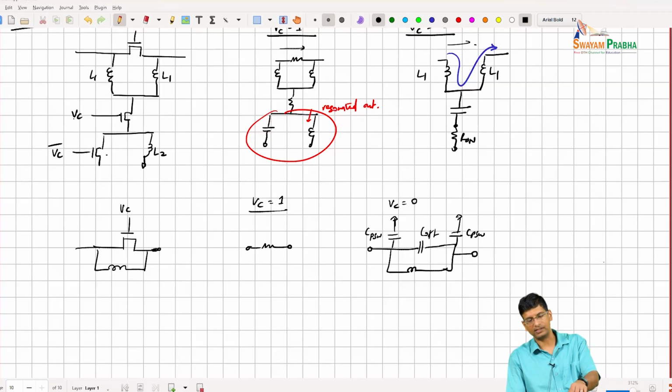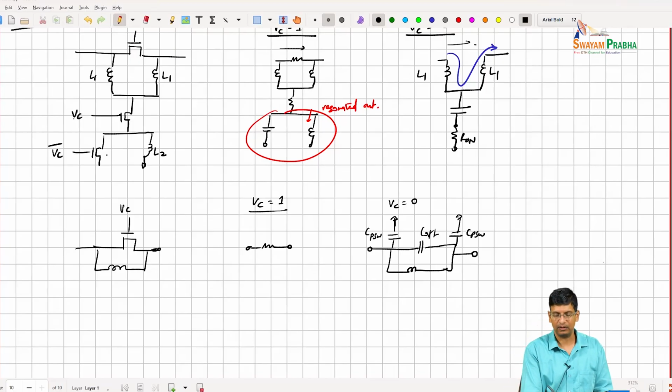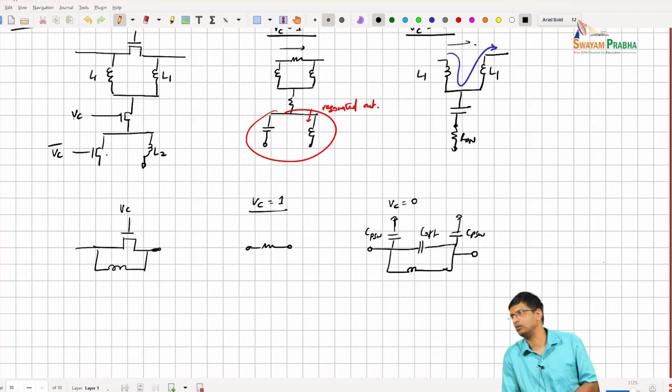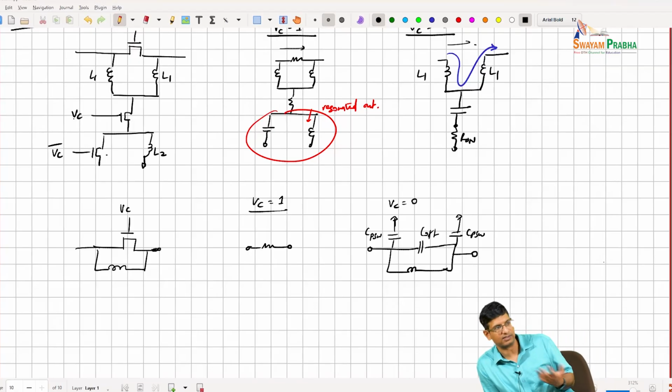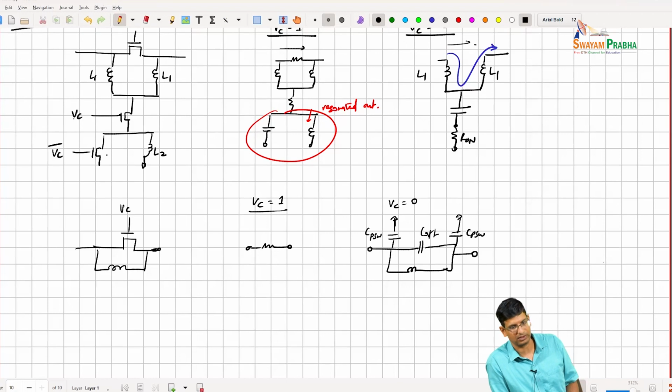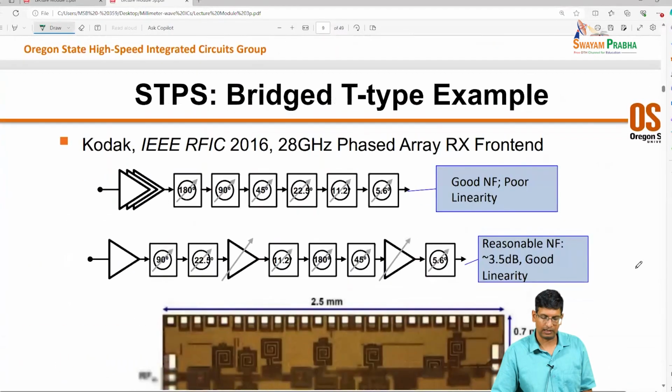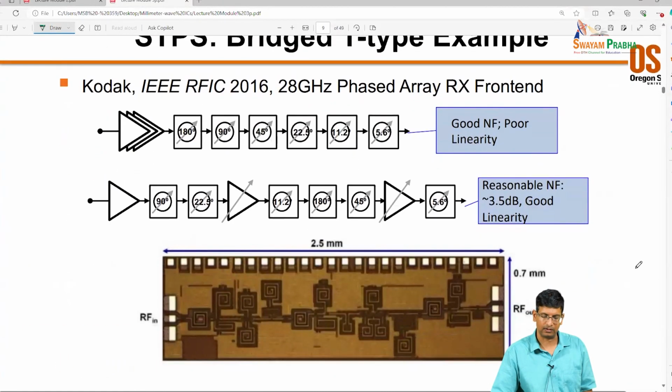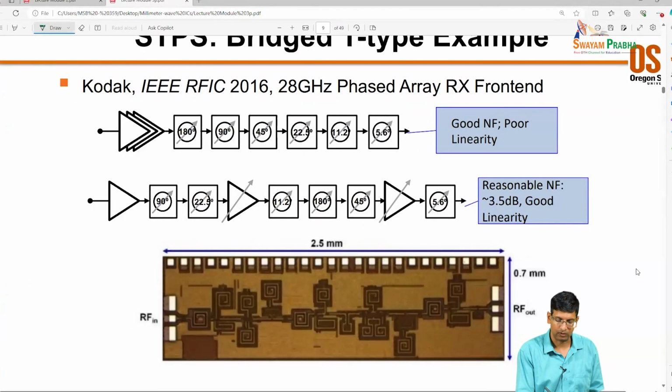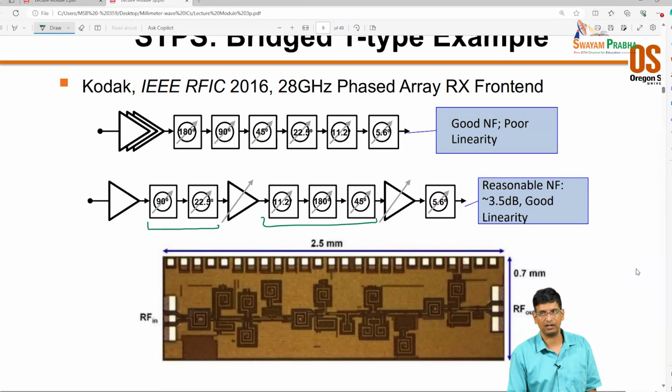So the components that you would need to build the whole pi section turn out to be so small that you can't accommodate a switch inside that. So you use the switch itself to give you the parasitics that you need for the section that you have. This is an implementation at 28 gigahertz, right? And they are doing what we discussed, which is they buffer the phase shifter in between stages, right?